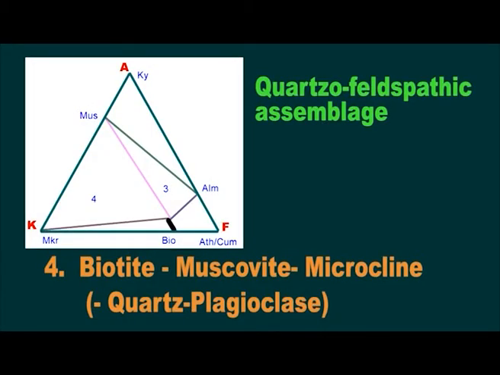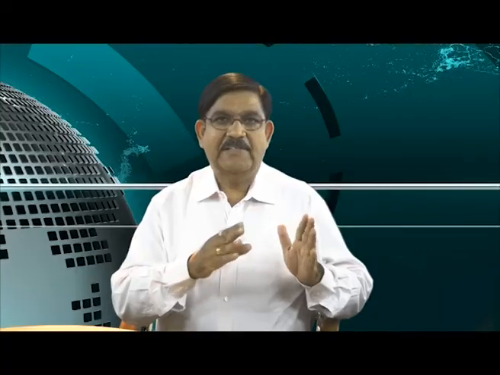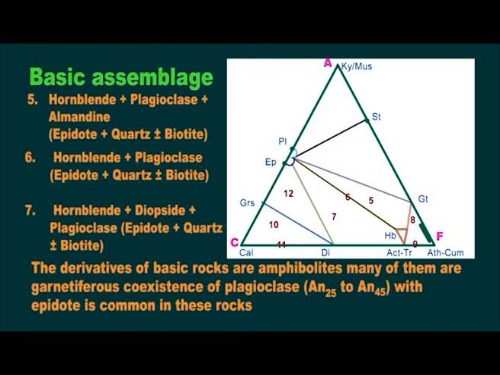Quartzo-feldspathic assemblages. Number 4, biotite, muscovite, microcline with plagioclase and quartz. Basic assemblages. Number 5, hornblende, plagioclase plus almandine along with epidote, biotite, quartz. Number 6, hornblende plus plagioclase with epidote, quartz plus or minus biotite.